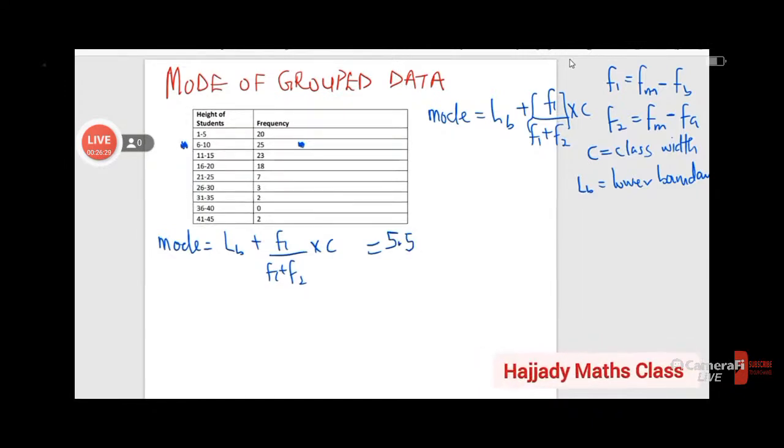In my previous video for the median, I used the lower limit directly because you can also do that, but in this case I'm going to use the lower boundary by subtracting 0.5 from the lower limit.